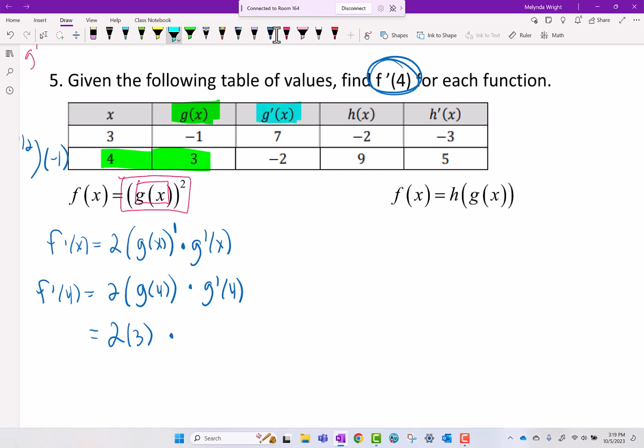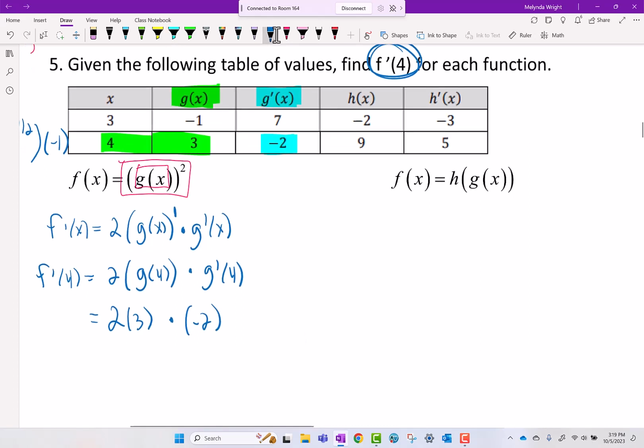Let's see, here's g prime of 4. So that is a negative 2. So f prime of 4 is, let's see, 6 times negative 2? Is that negative 12? Right? Yeah. Is that right? Okay, one more. We're almost there.